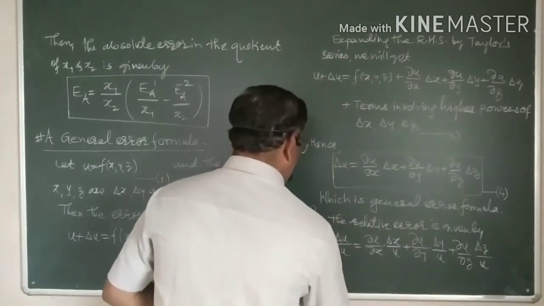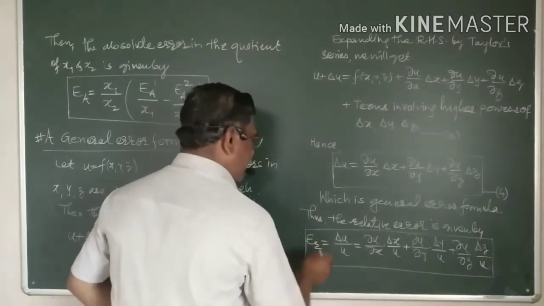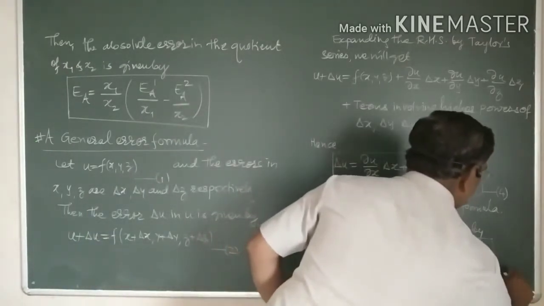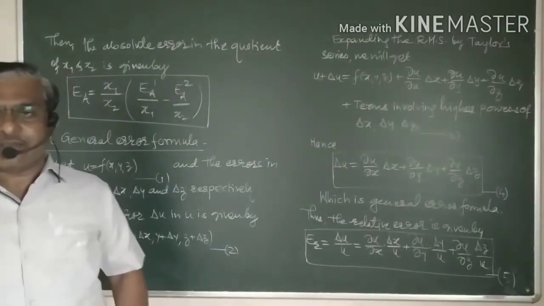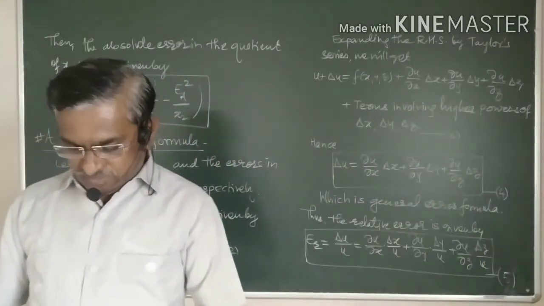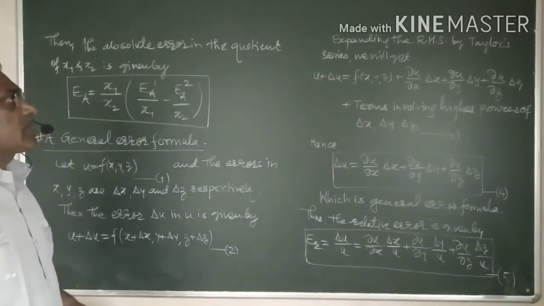This is the formula for relative error, using the general error formula. This is what we have as far as theory points are concerned.